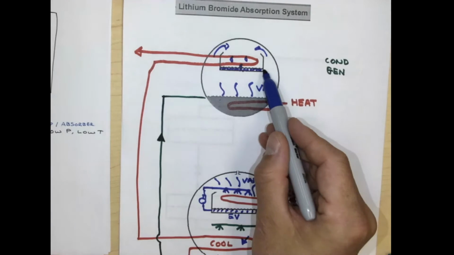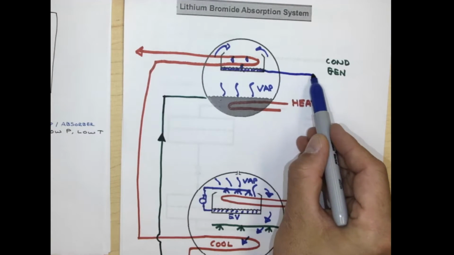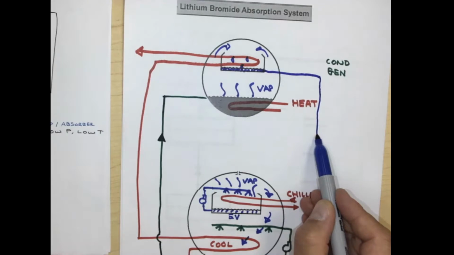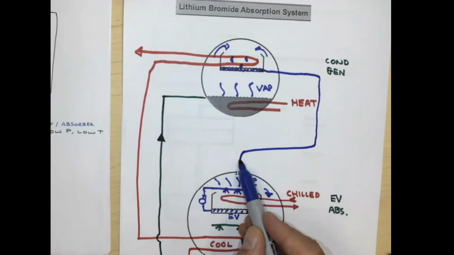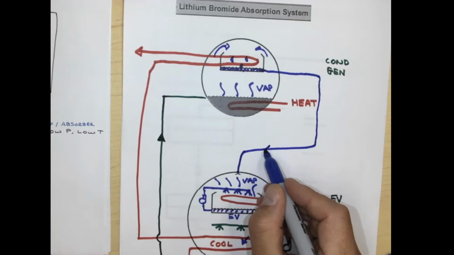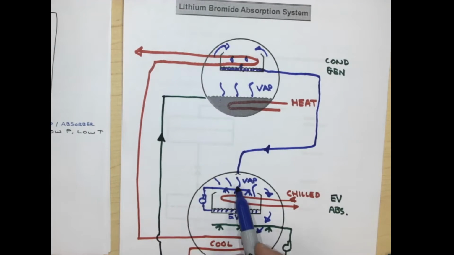My liquid water leaves my condenser and it can make its way into my lower vessel, which then gets sprayed in order to try to evaporate some of that vapor.